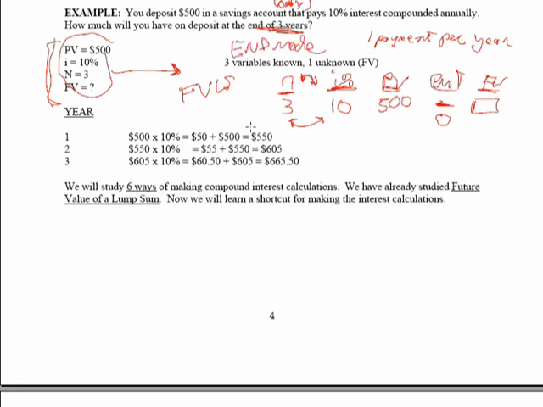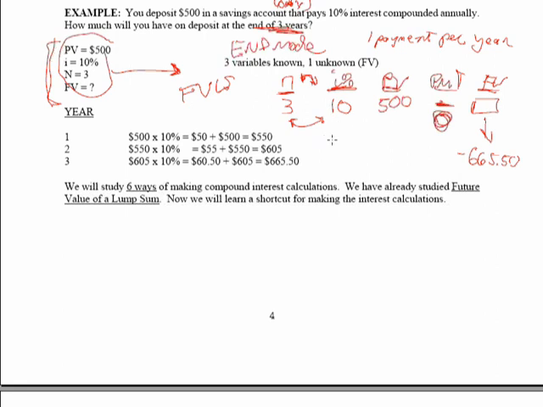Or as a backup, you could make sure 0 is in there by putting in 0. But once you have this set up, go ahead and hit future value, and your calculator should come up with our answer here of $665.50.